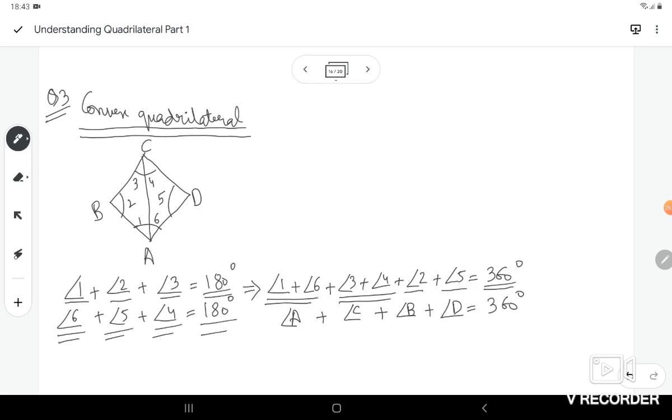Angle 1 plus angle 6 is nothing but angle A. Angle 3 plus angle 4 is nothing but angle C. Angle 2 plus angle 5 is angle B plus angle D respectively, which comes out to be equal to 360 degree.